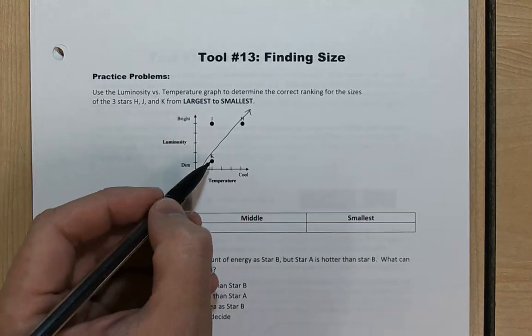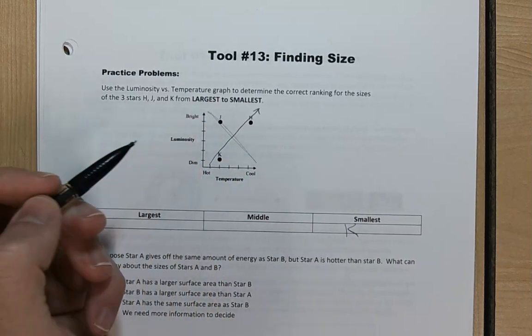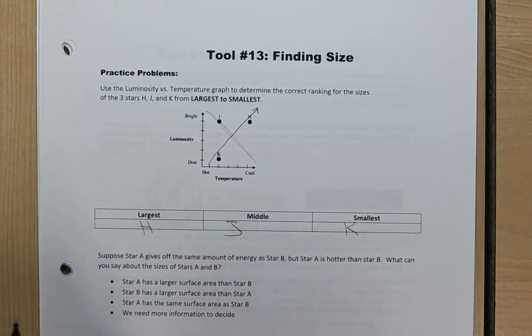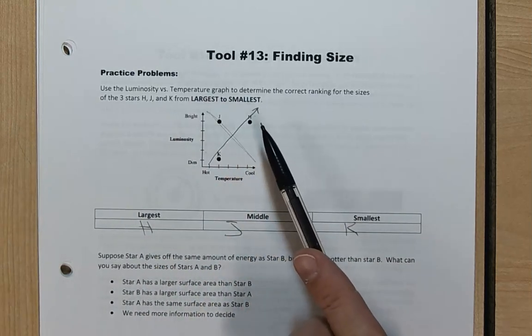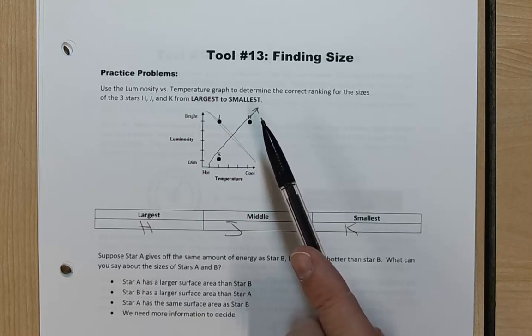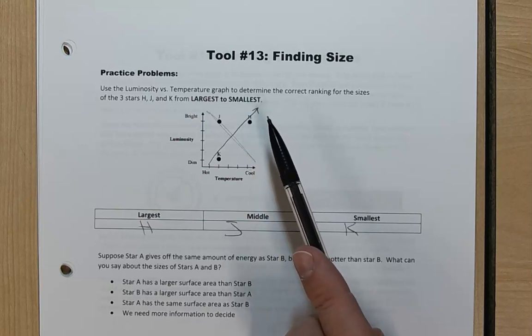So K must be the smallest, then J is in the middle, and H must be the largest. H has to be the largest because it's really bright even though it's cool. How can a star this cool be this bright? It must have a much larger surface area to make up for it.